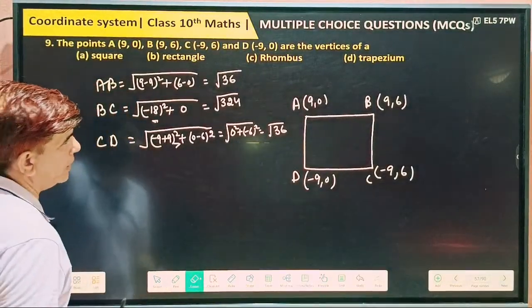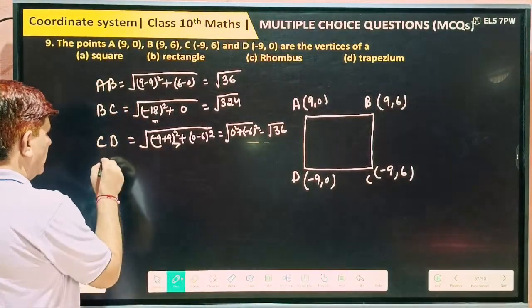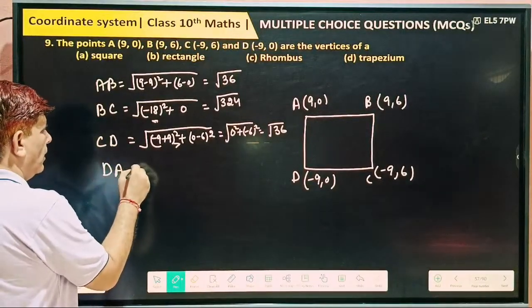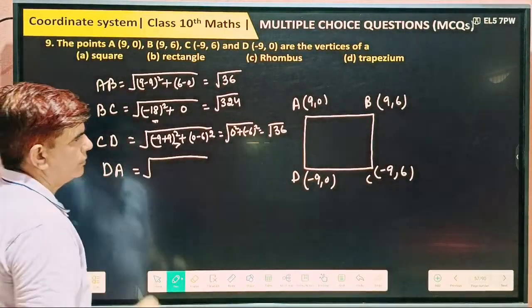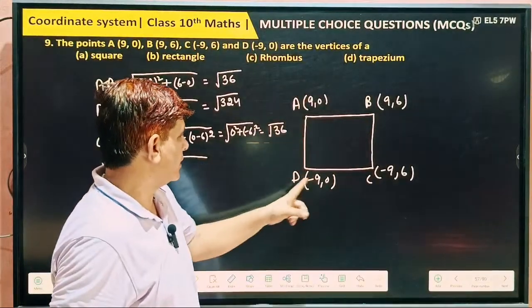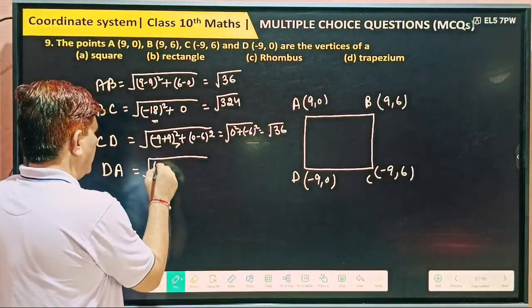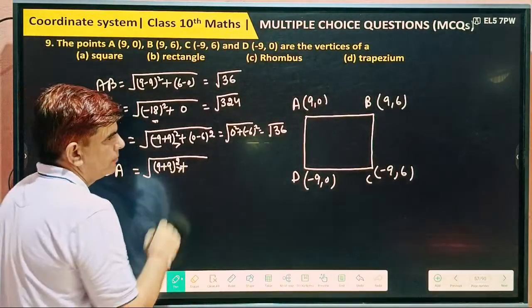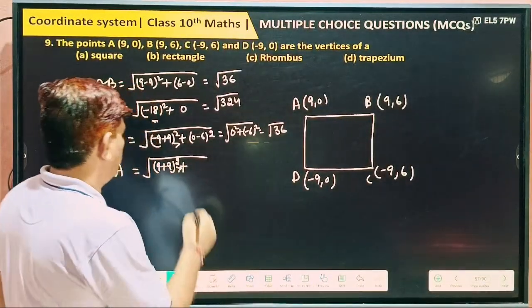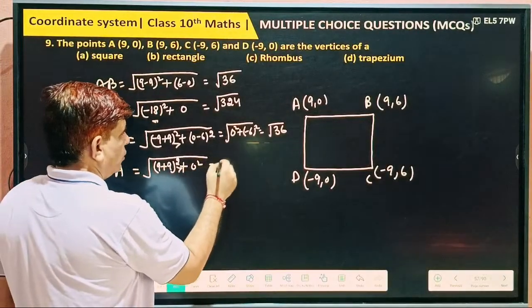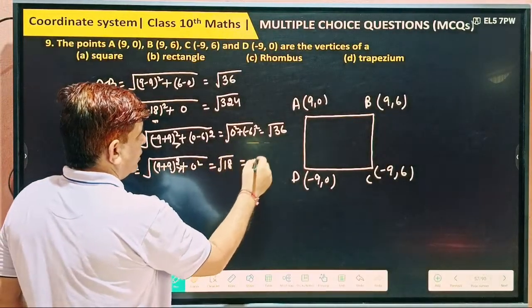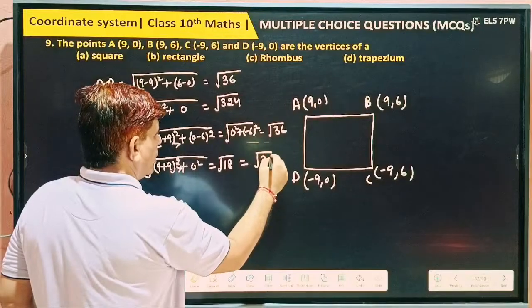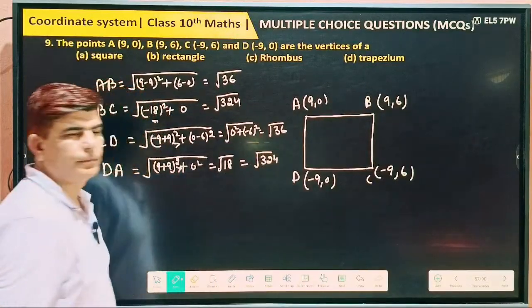Then what can we find out? DA equals the square root of: this minus this, 9 plus 9 becomes 18, (9 plus 9) whole square plus (0 minus 0), 0 square, is equal to the square root of 18 square, which is equal to the square root of 324.